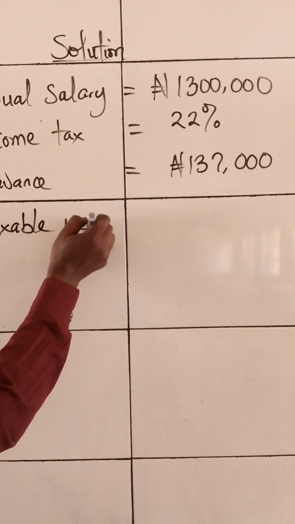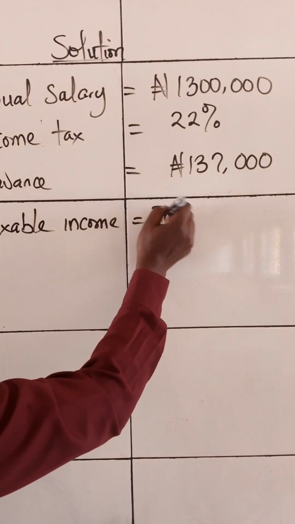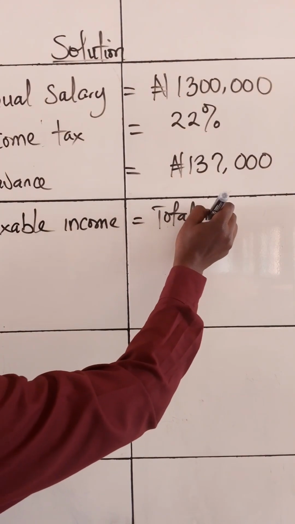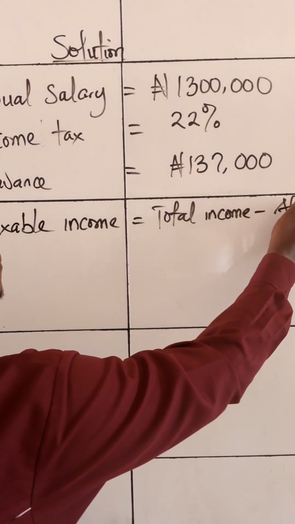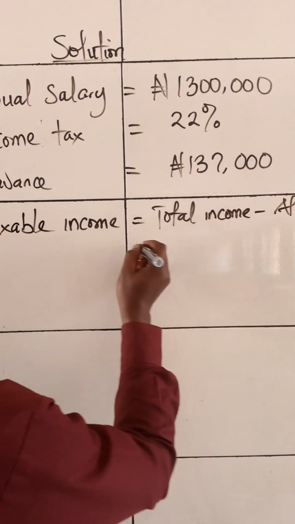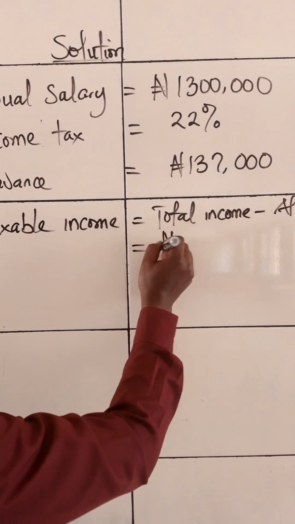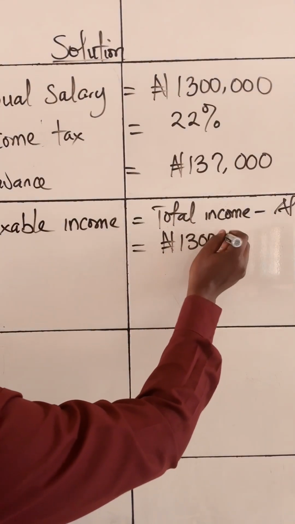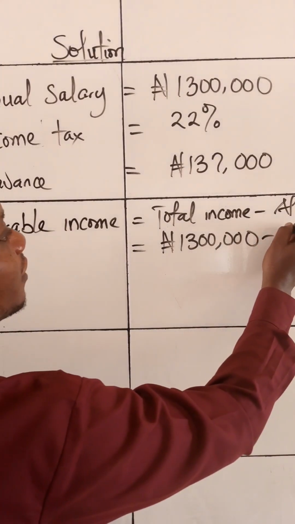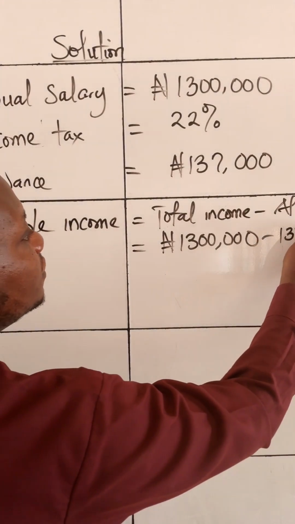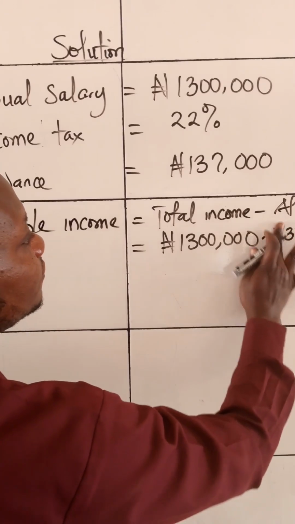Taxable income equals to the total income minus the allowance. So in this particular question, the total income is 1,300,000 minus the allowance, which is 137,000 naira.